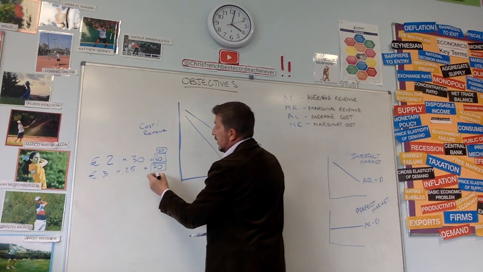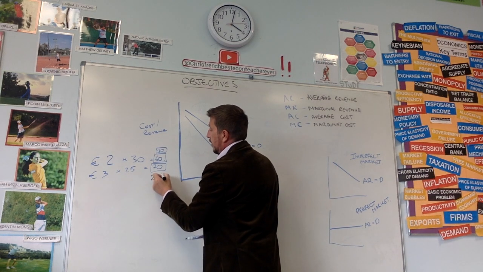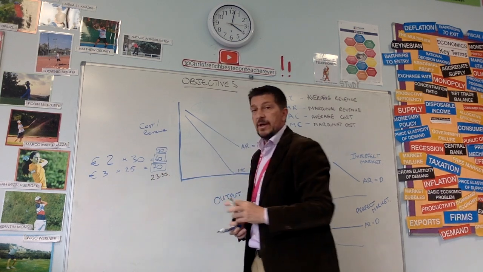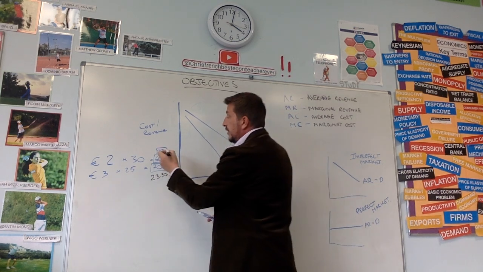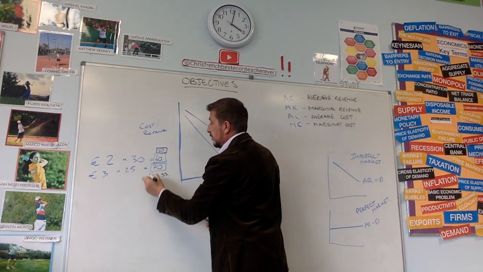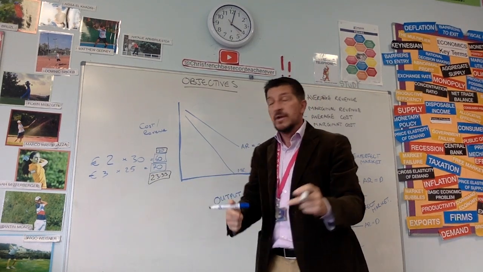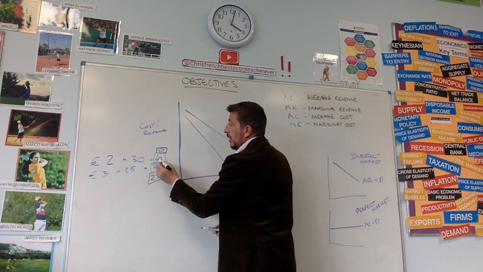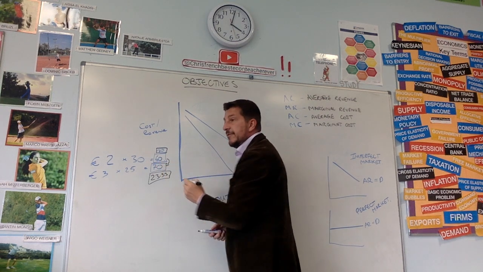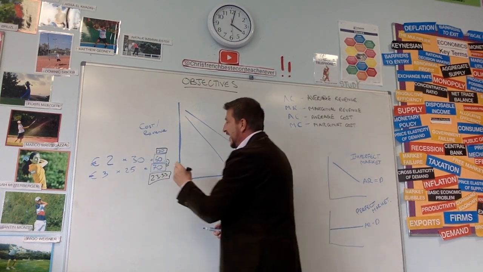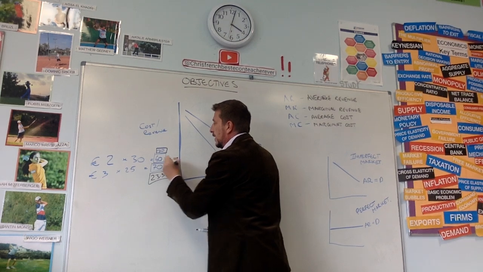That would give us 23.33. So our average revenue has gone from 30 to 23. But let's look at what the marginal revenue has done. Our marginal revenue has actually gone from 60 to 70. So our marginal revenue is actually only 10.